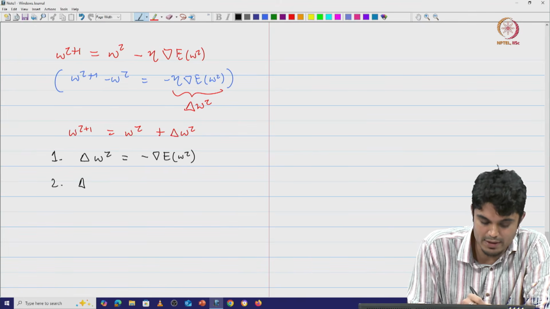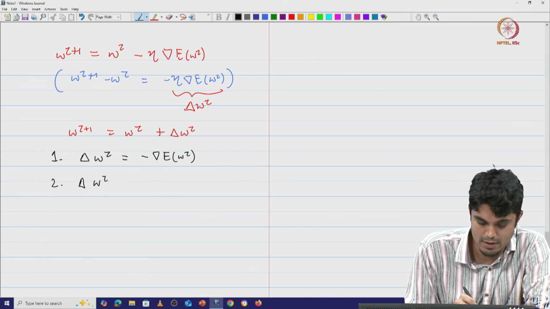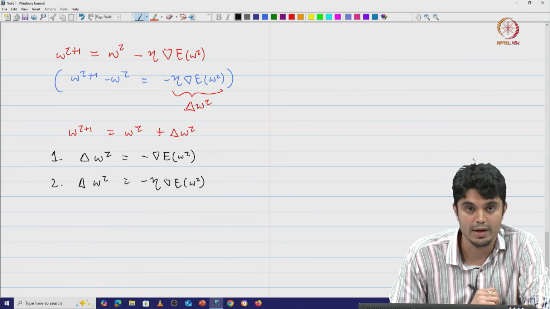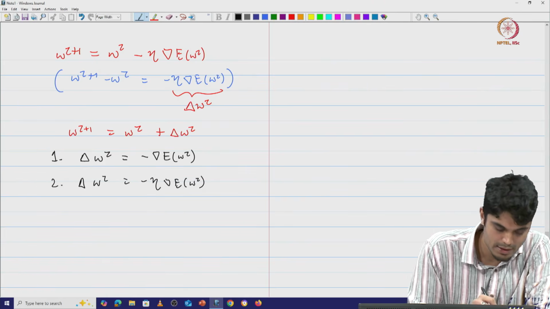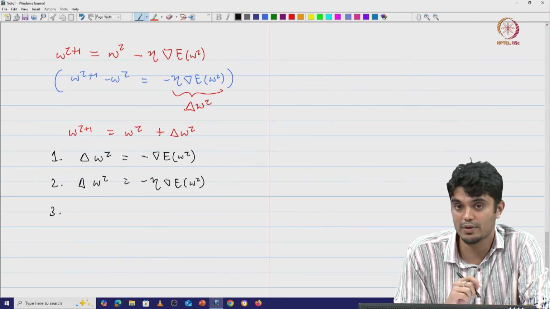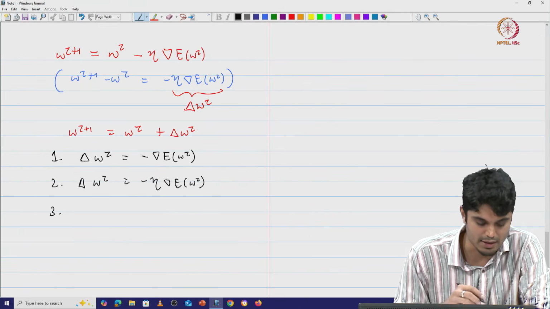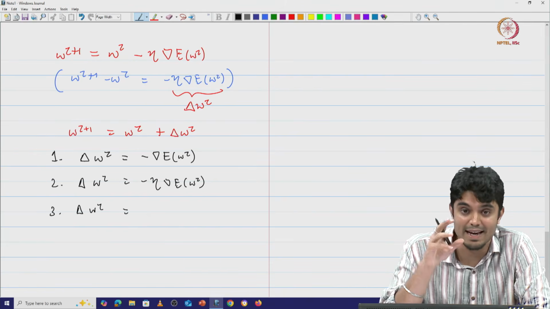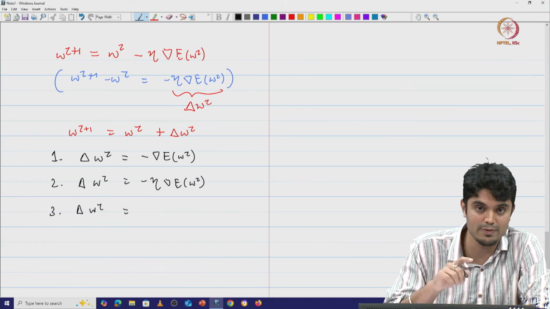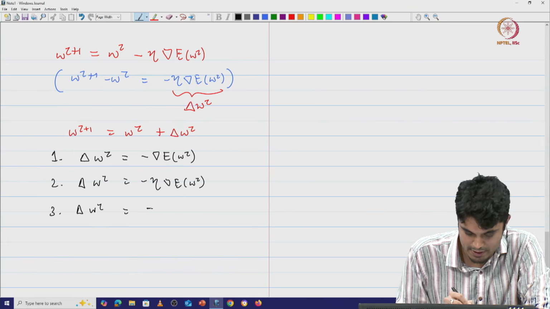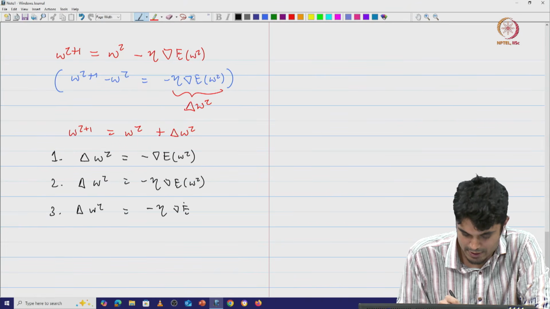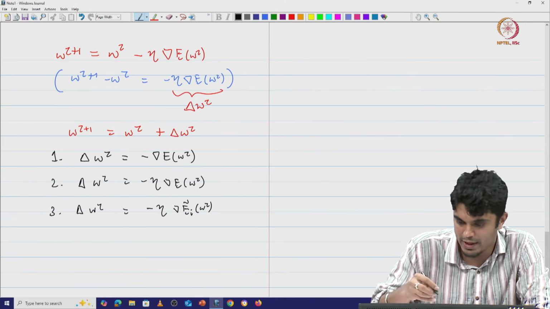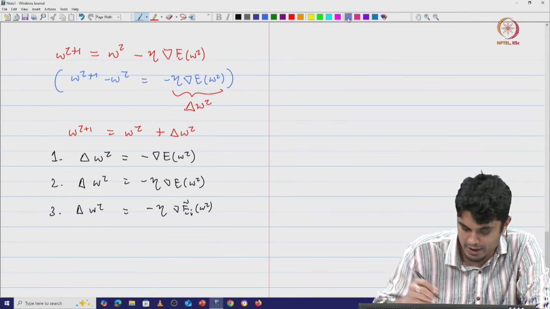Then we looked at the simplest gradient descent in practice, which is with the learning rate. And we also just now looked at the stochastic gradient descent, where the gradient itself was approximated. So, this was eta times nabla E hat of omega tau, where this was picked randomly.